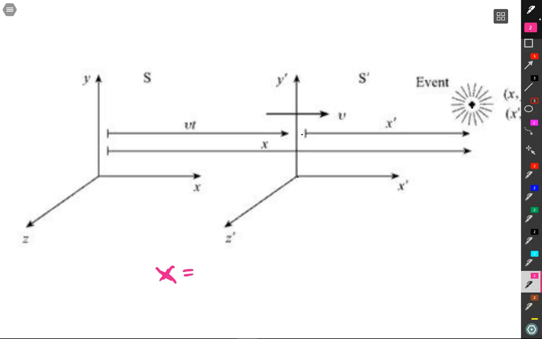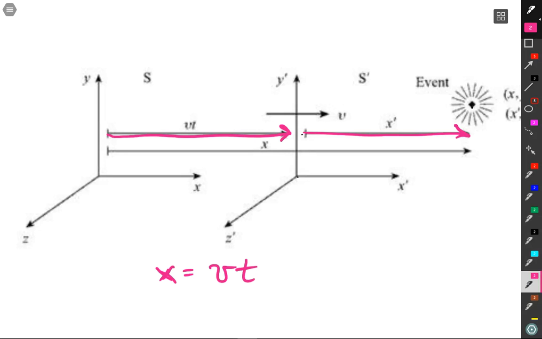It does look that way, but that would just be if you took it at exactly the right time. We go from here to here, and then from here to here. So we should have x is just the sum of those two, right? Vt is the distance that the prime frame has moved. Its origin has moved from the origin of the first frame when we synchronize, right? From that time on, Vt is how far it's moved.